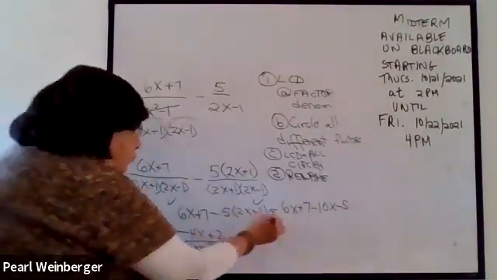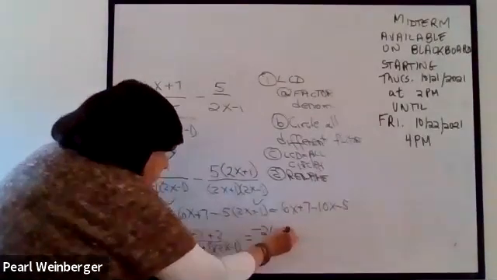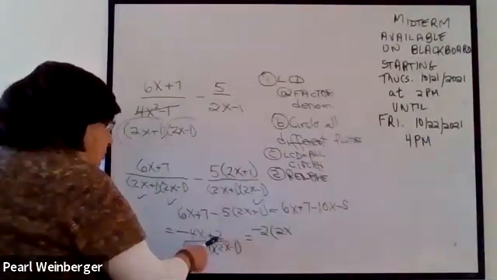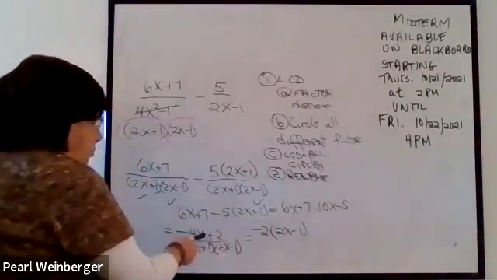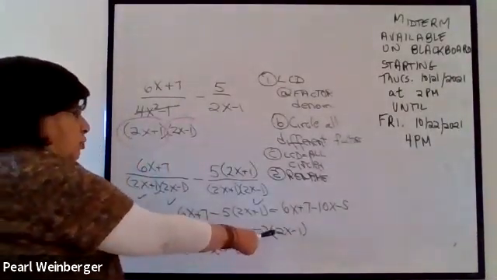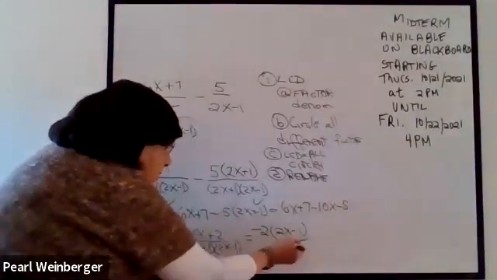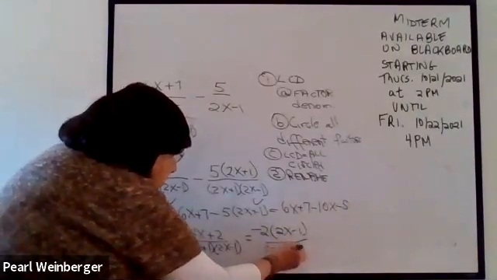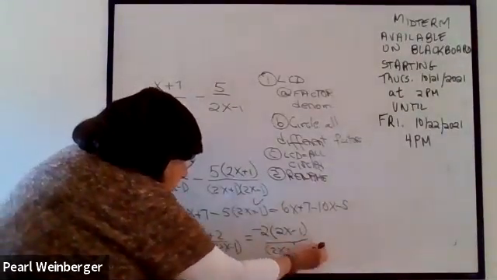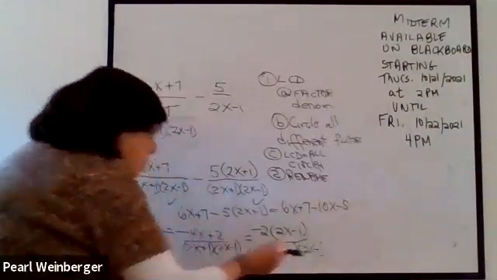Negative 2 into negative 4x is positive 2x. Negative 2 into positive 2 is negative 1. I factored my numerator into negative 2 times 2x minus 1. And that's over the 2x plus 1 times the 2x minus 1.